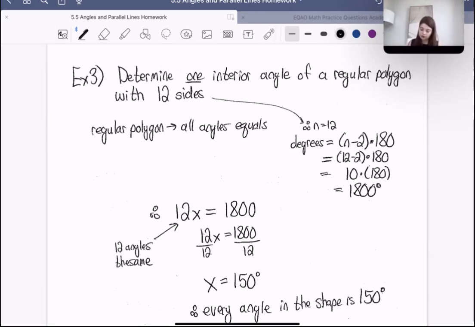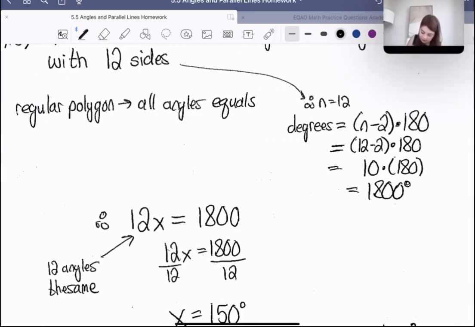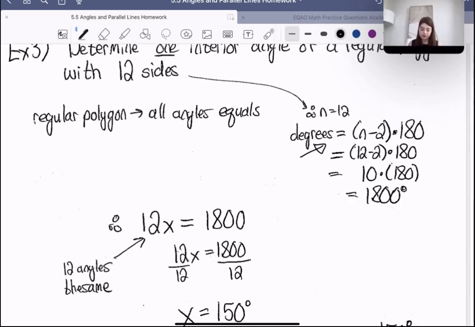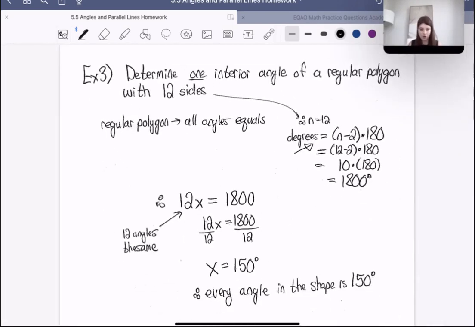So first we put 12 in here, right? And we get 10 times 180, which is 1800. So that means that the total of all the interior angles of a 12-sided regular polygon is 1,800. So what we must do is divide that by 12 to get what each angle would be, right?